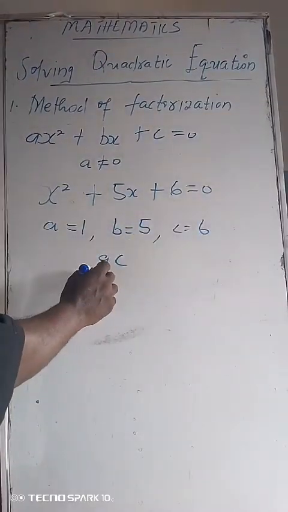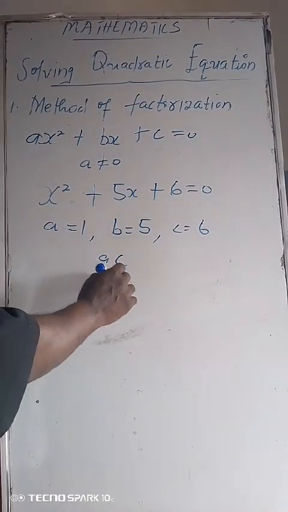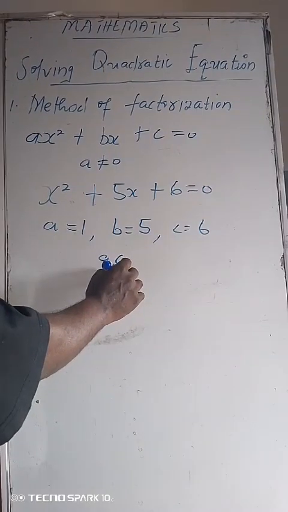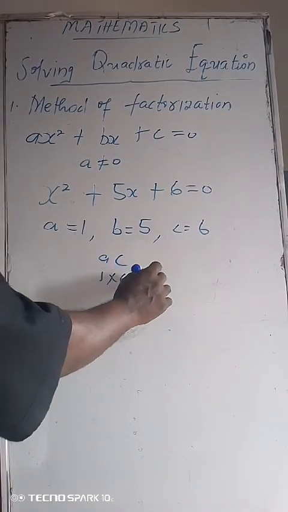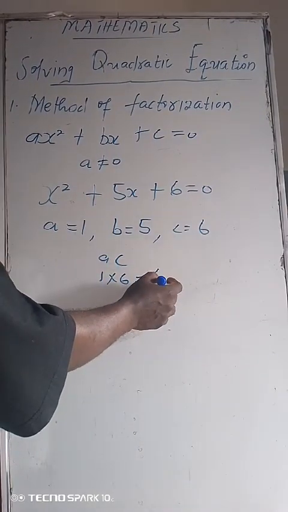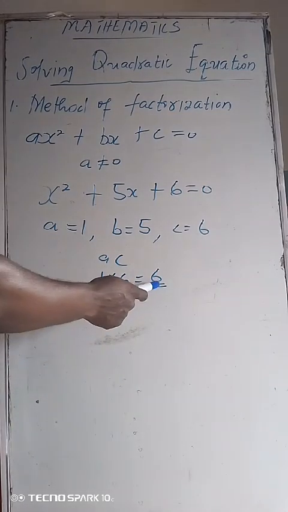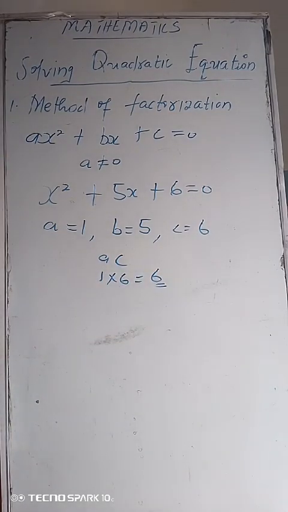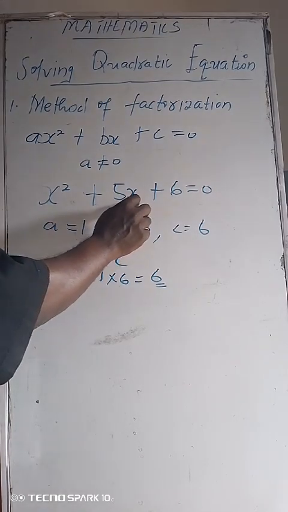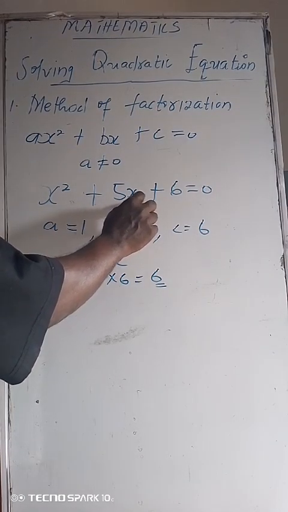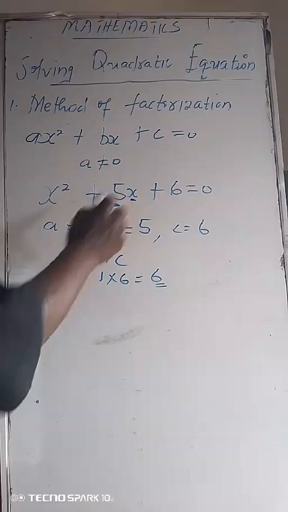So we just multiply 1 by 6, and we get 6. The next thing to do is to find the factors of 6 that, when you sum them up, give you the coefficient of x, which is 5.